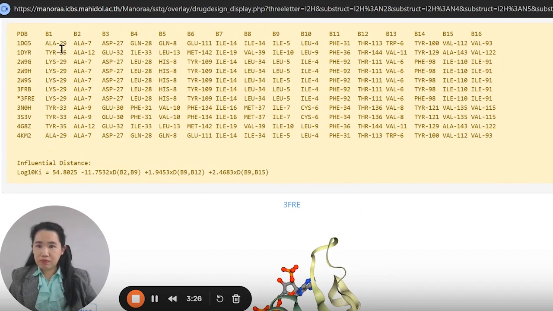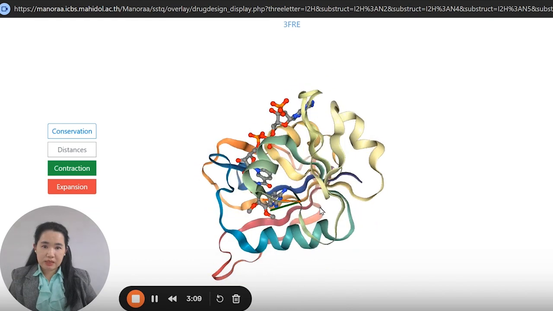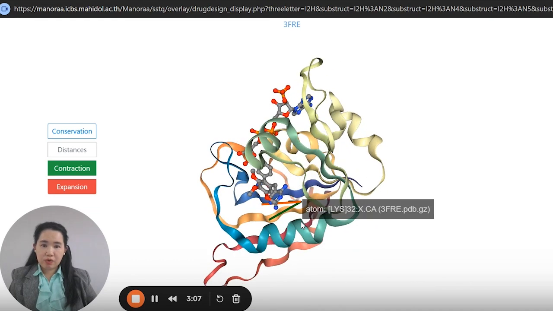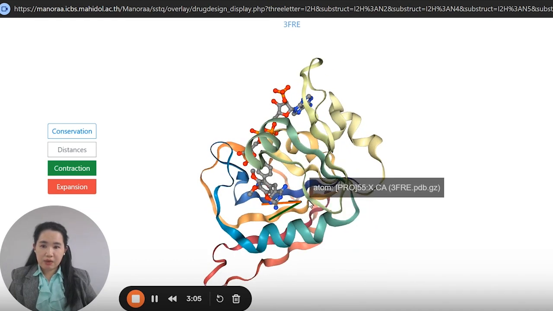So leucine 5, this one B9, log Ki equals some constant plus coefficient times B9, and we mutated this B9. So it becomes leucine 5 mutated to V.